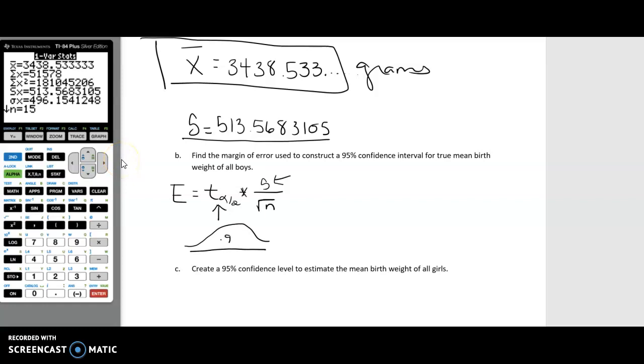We want 95% in the middle. That comes from our confidence level. If we have 95% in the middle, then there's 5% left over, divided into the two tail ends of the graph. It's 2.5% here, as a decimal 0.025 and 0.025.